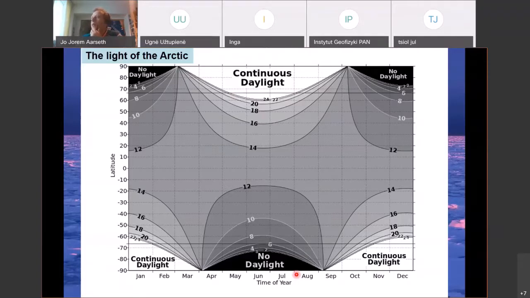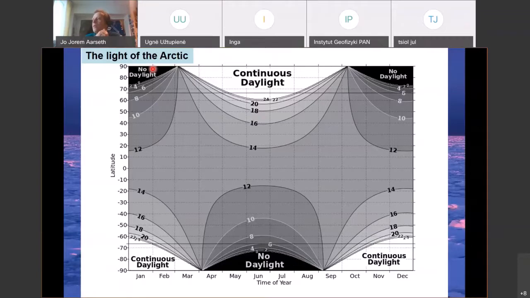But we also have periods with no daylight, where the sun is not above the horizon. This is also very important for animals to adapt to, because when you have no light cues to tell you what time of day it is, either continuous light or no daylight, you have to adapt to the seasons coming on.